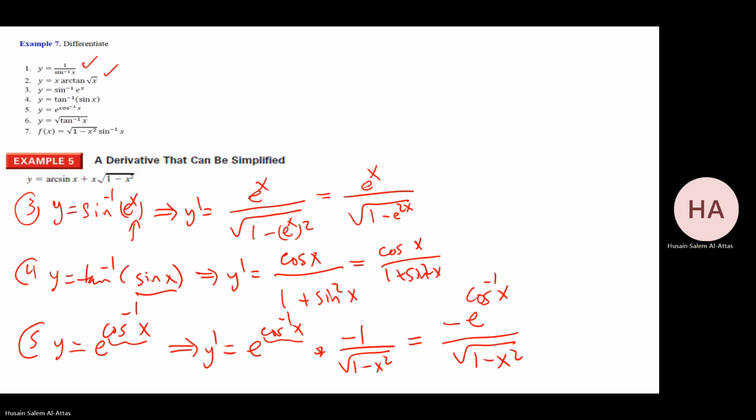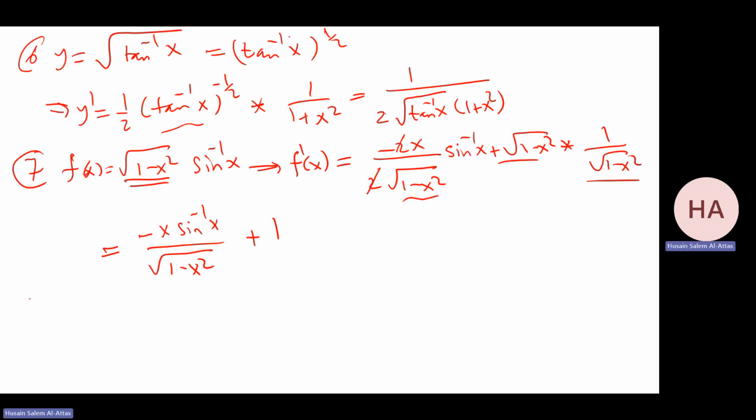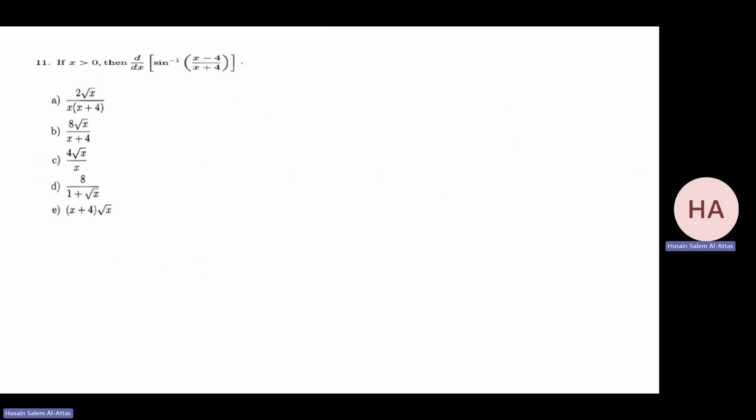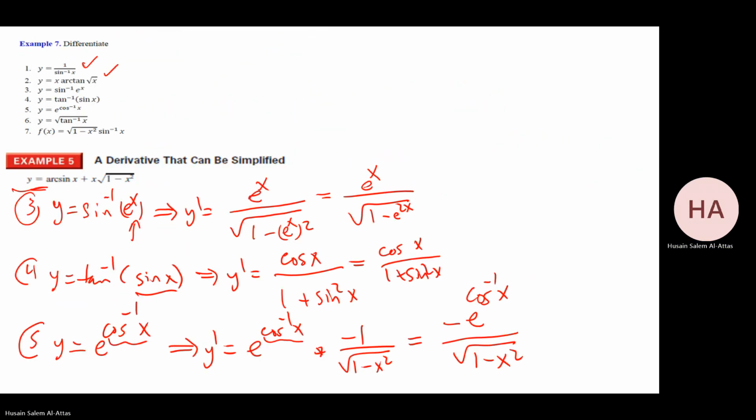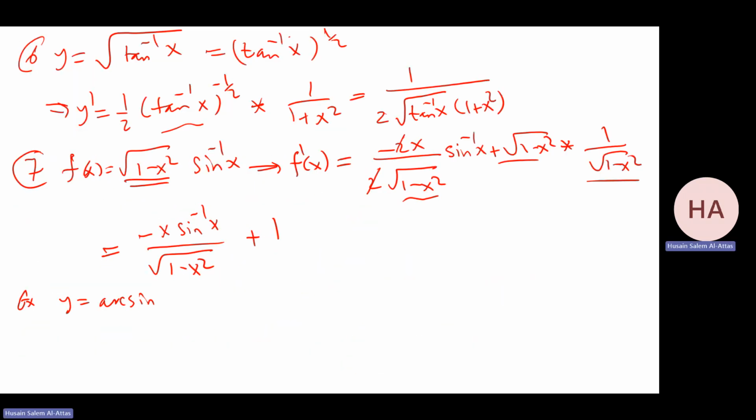Now this example: y equals arcsine of x plus x times the square root of 1 minus x squared.